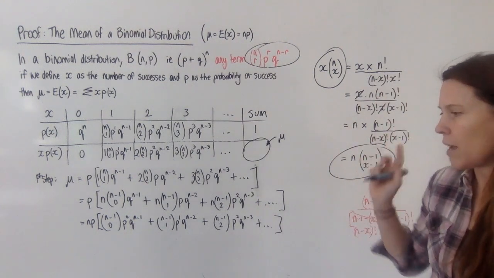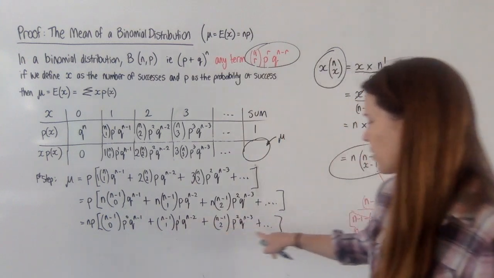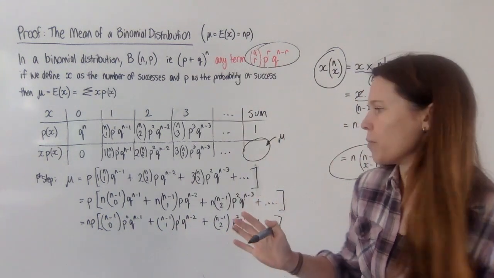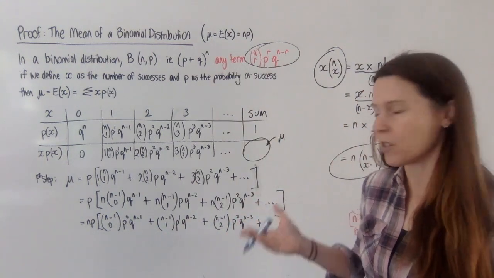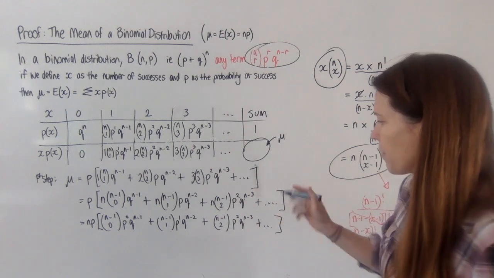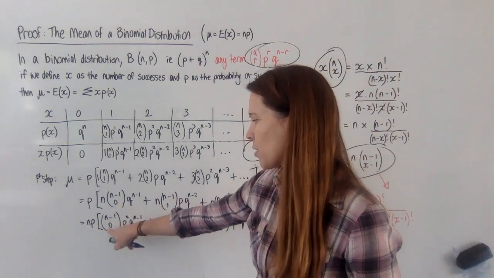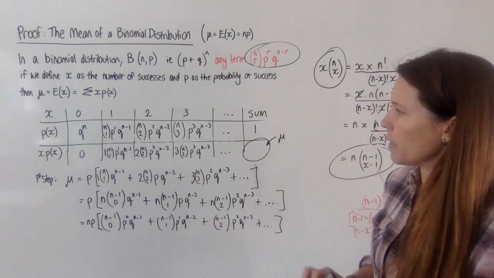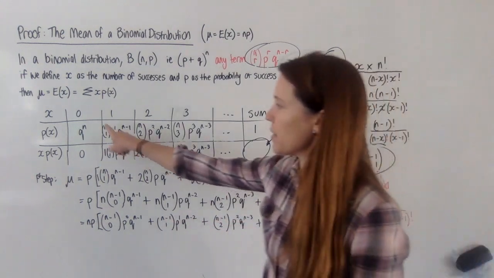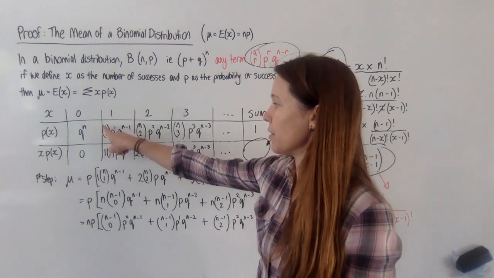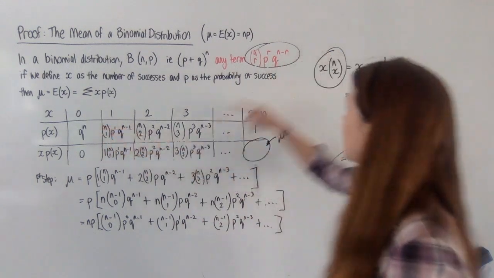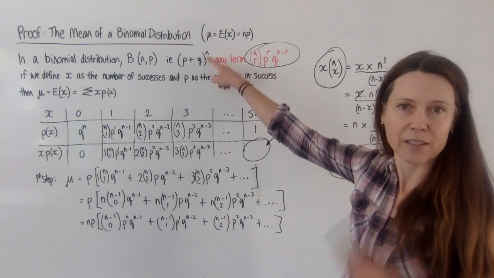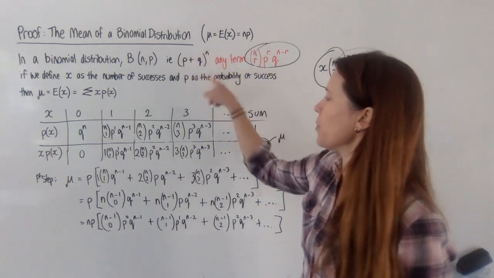Okay, now, having a look at what we've got inside of the square brackets now, this looks sort of familiar. It looks like a binomial expansion in its own right. But what are the parameters? Well, we can see that here we've got n minus 1 choose 0, n minus 1 choose 1, n minus 1 choose 2. Normally, in a binomial expansion, the number at the top of the choose notation is the number that is the power in the binomial expansion.